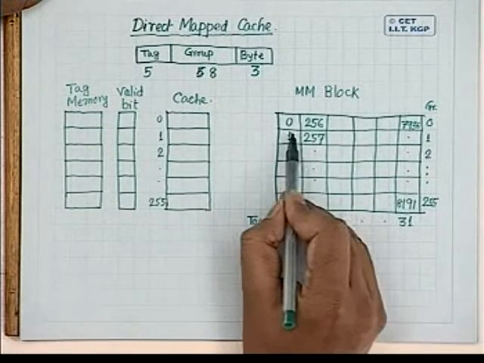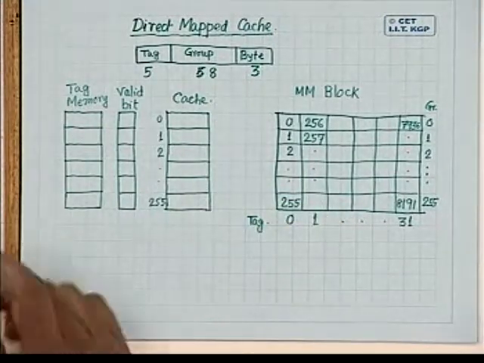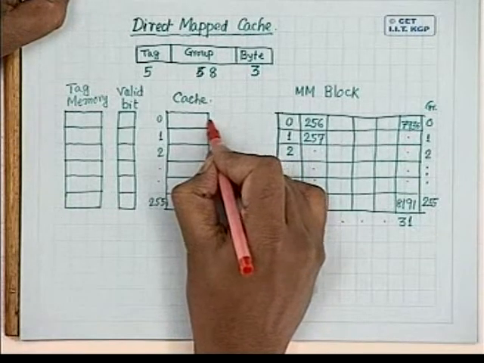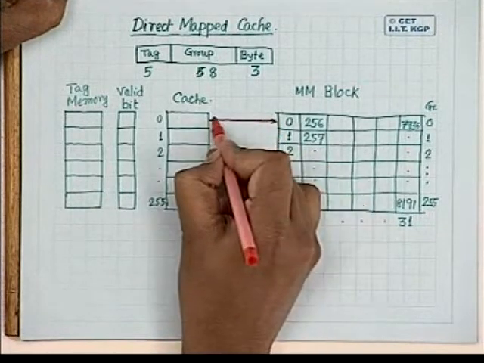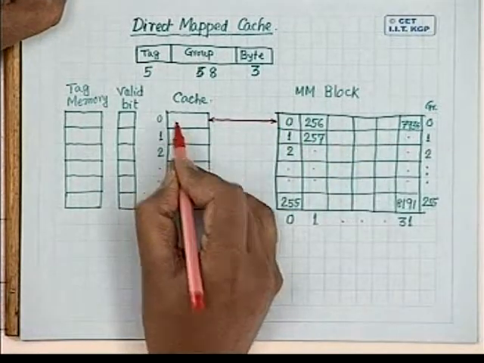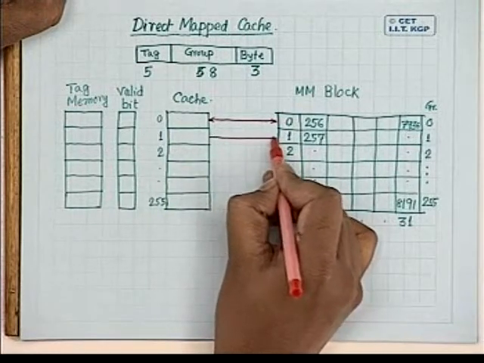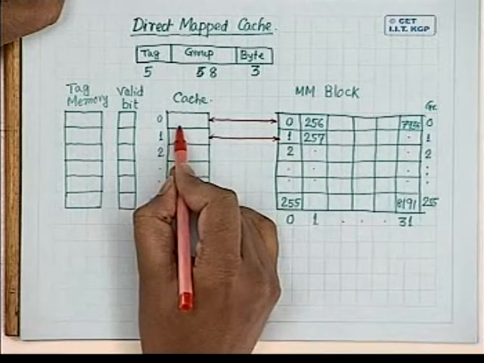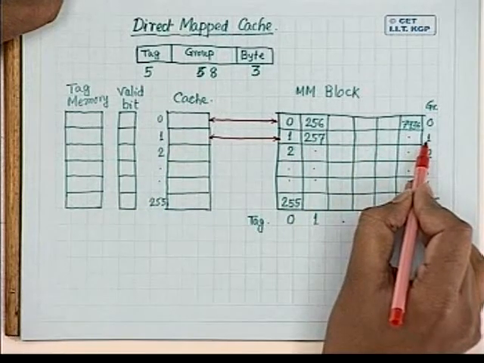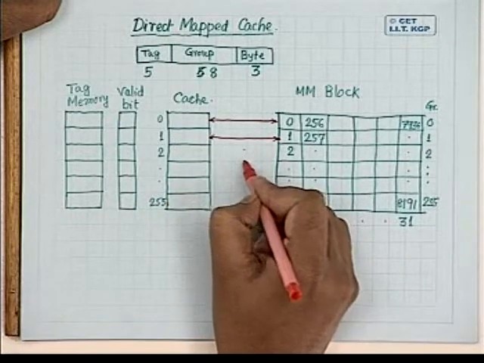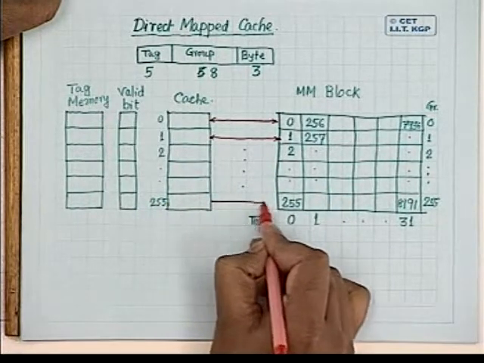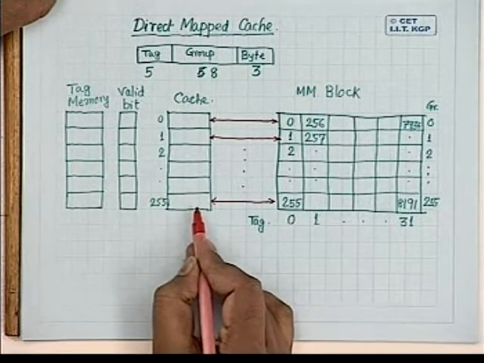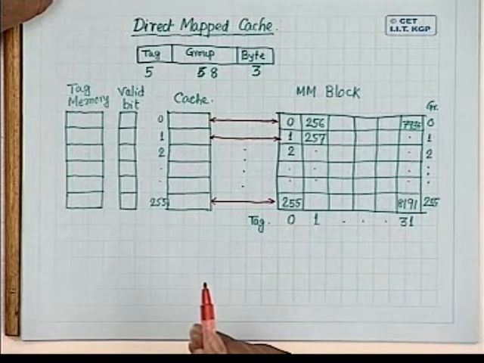So now find that any block belonging to a particular group can come only to a particular cache line. So a block belonging to the 0th group will come to cache line 0. A block belonging to group number 1 will come to cache line 1. So like this it will continue, and any block belonging to group number 255 can only be placed in cache line 255 in the cache memory.